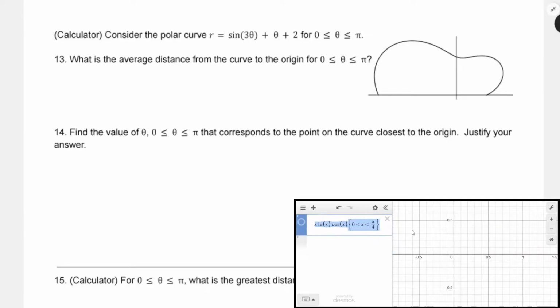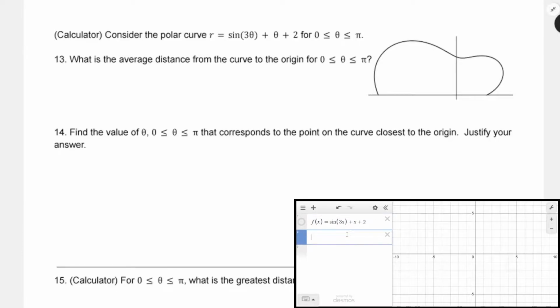and pi. Okay, sine of 3 theta plus 2. Okay, I'm going to actually go back to home.